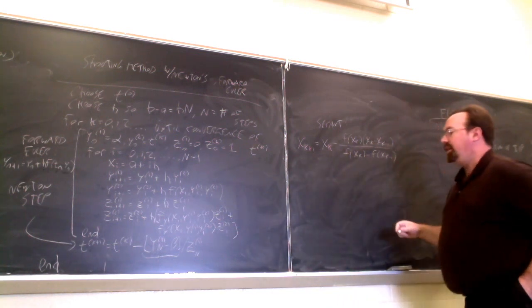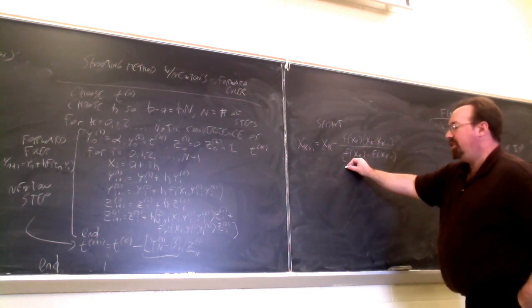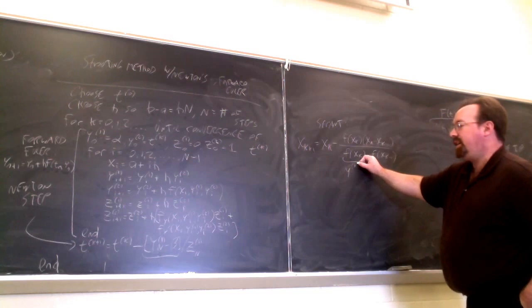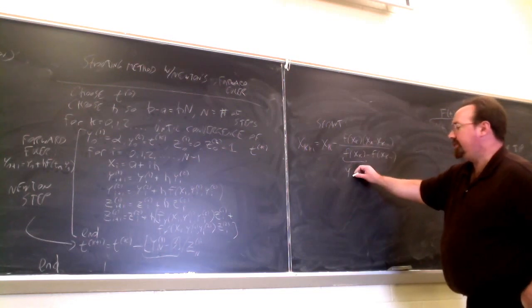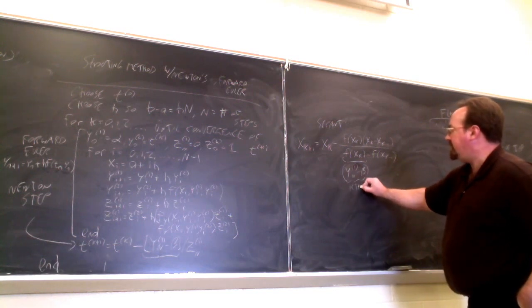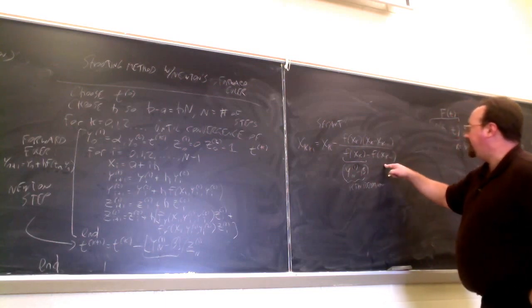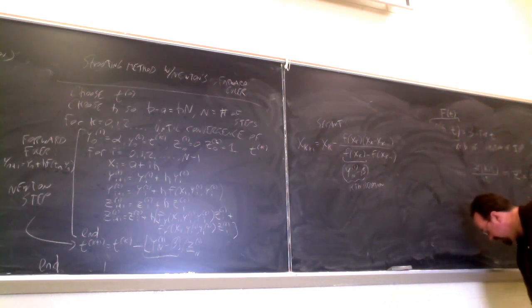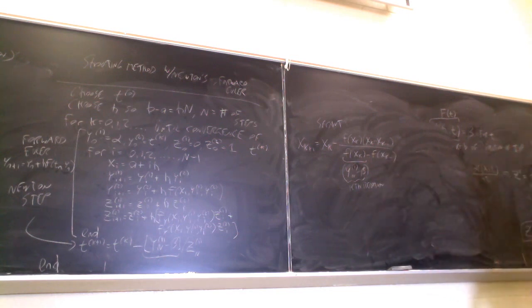In this case, f of xk is y1n minus beta from the kth iteration, and this is similar, except from the k minus first iteration. So you have to hang on to that y value.